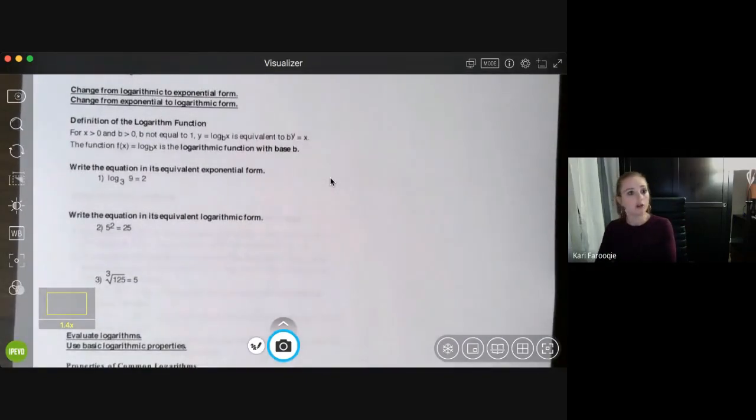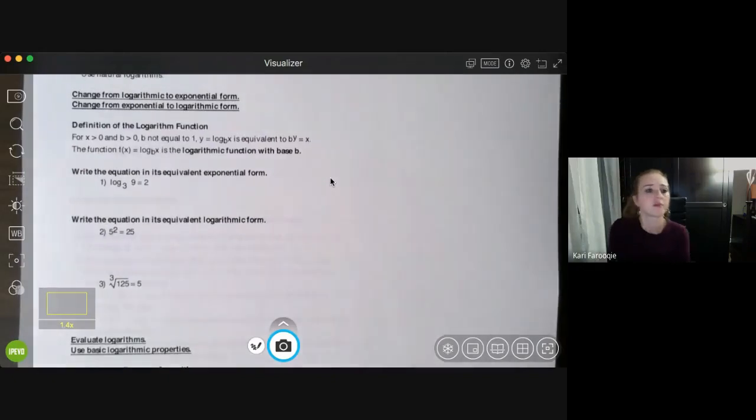Definition of a logarithm function. For a positive value of x and a positive value of b, such that b cannot be equal to 1, y equals log base b of x is equivalent to b to the y equals x.